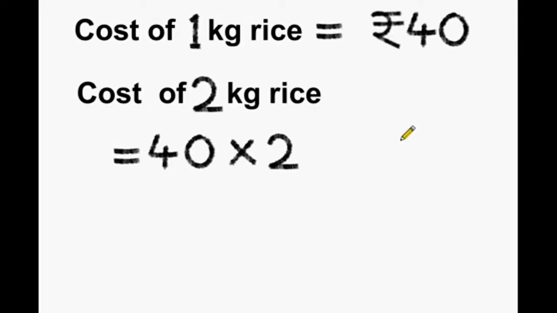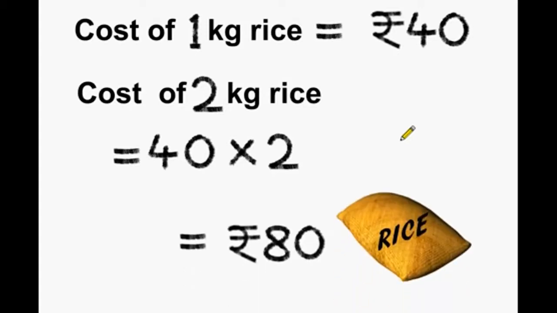And what is it equal to? It is equal to 80. So, the cost of 2 kgs of rice is equal to rupees 80.